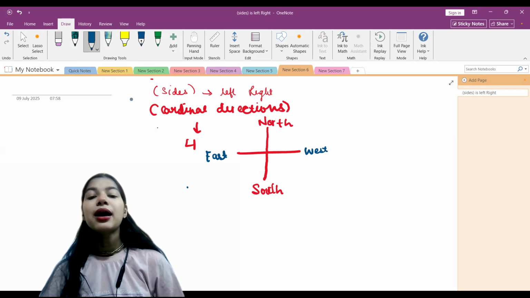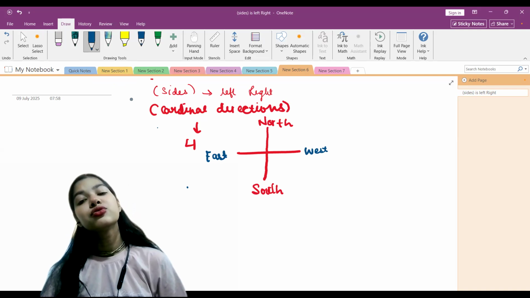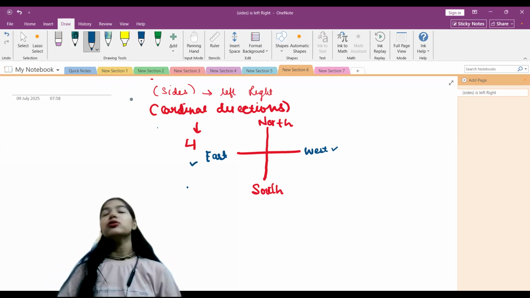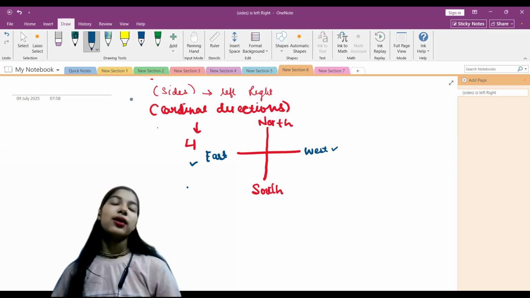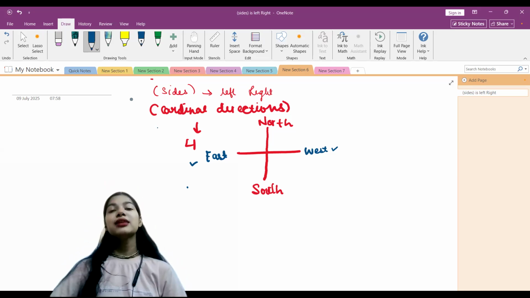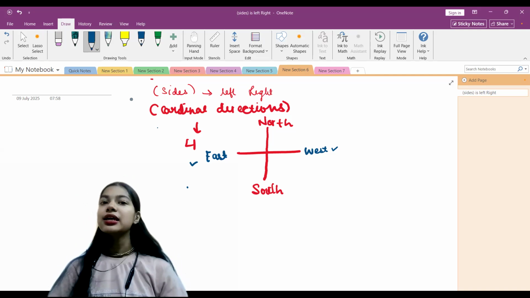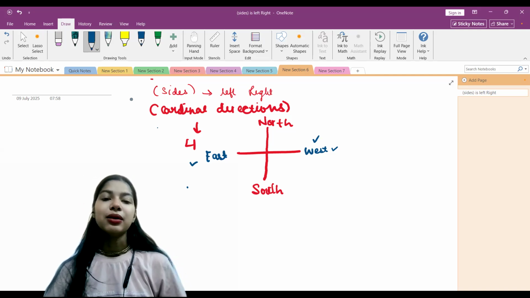Now, why am I marking it with a different color? Because these two cardinal directions, east and west, depend on my left hand side and on my right hand side. So if I'm standing opposite from you, this is my west and this is my east.